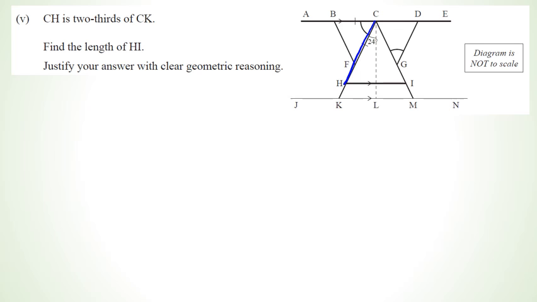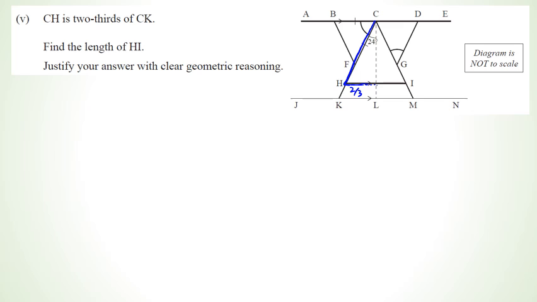That's another way you could actually do it. But if CH is 2/3 of CK, then you could say that from H to this point here is also 2/3 of KL.